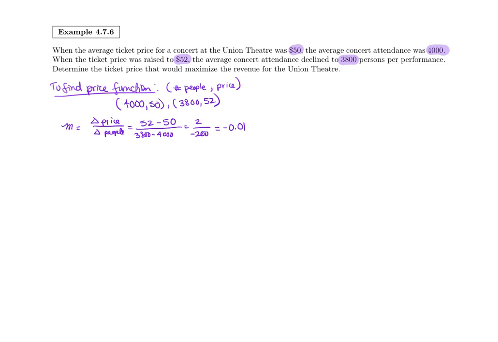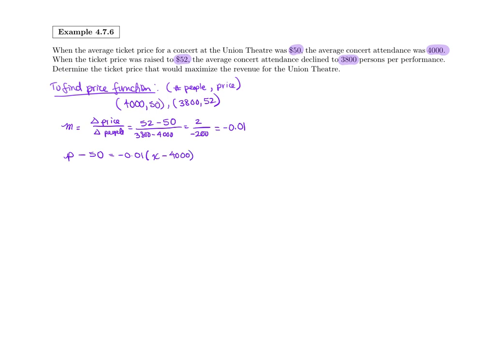It's a negative 1/100th. So when we go to write our point slope version, I'm going to say that price P, so P minus, and pick one of your points. I usually just pick the first one, which is 50, equals m, which is negative 0.01, times, I'll call the number of people in attendance x because I can't use P again, x minus 4,000.